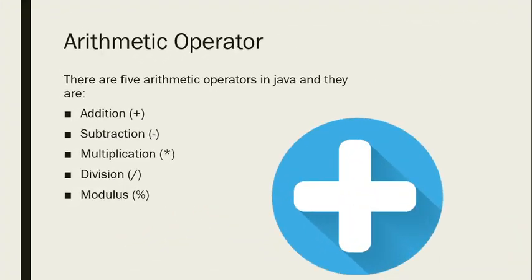Arithmetic operators. Now we all know arithmetic operators, right? We have learned about them in mathematics. Well, in Java, we have the exact same list but with an extra operator, and that is modulus. What modulus basically does is find the remainder of a division sum.